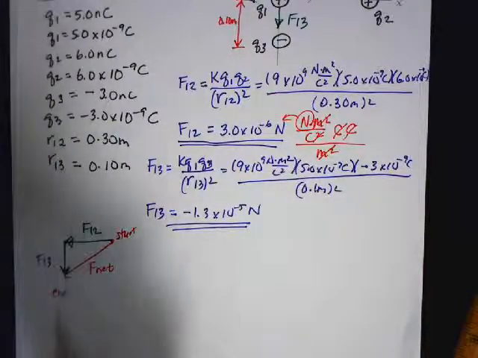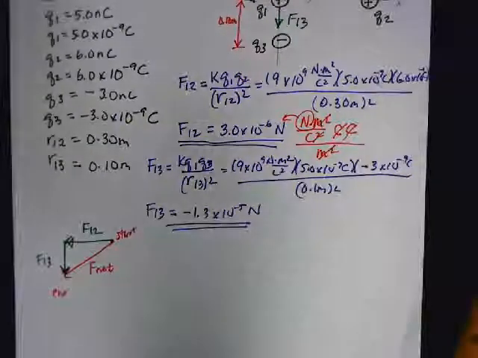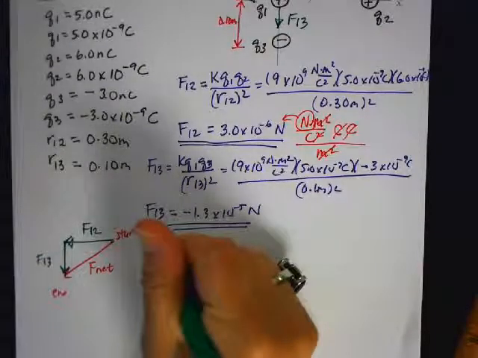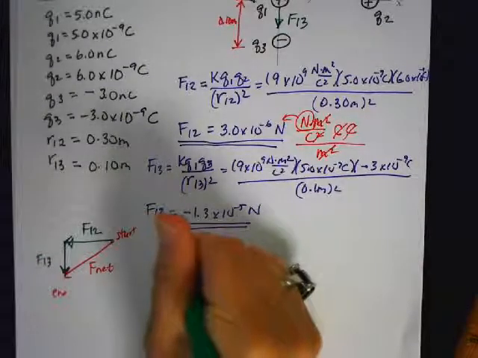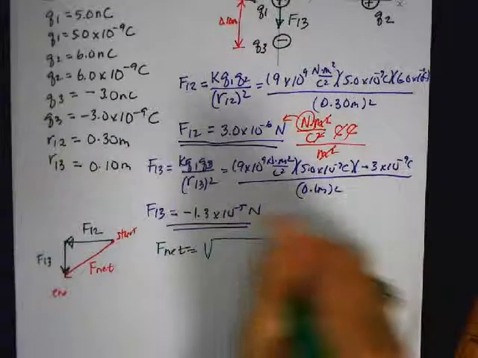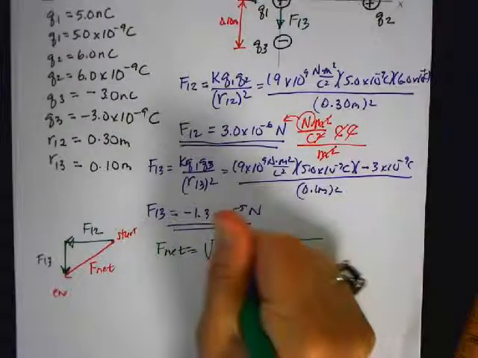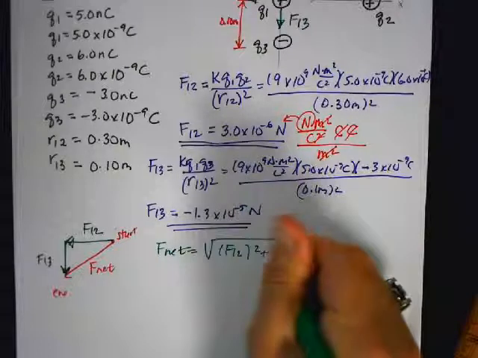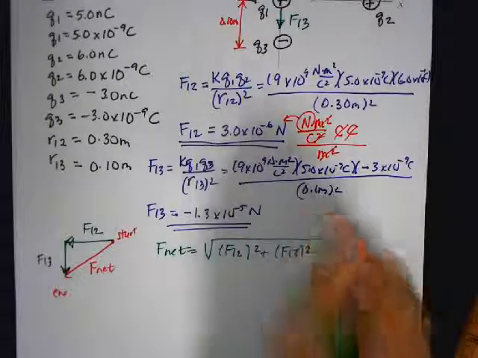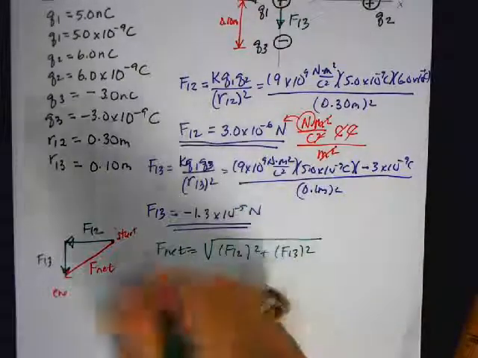Well, this is a right triangle, so to find the resultant, I would use the Pythagorean theorem. So F, the net force, is equal to the square root of F12 squared plus F13 squared. So then I substitute in my values.